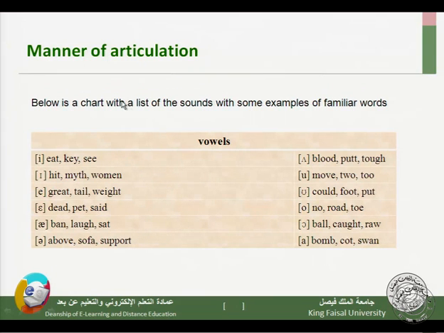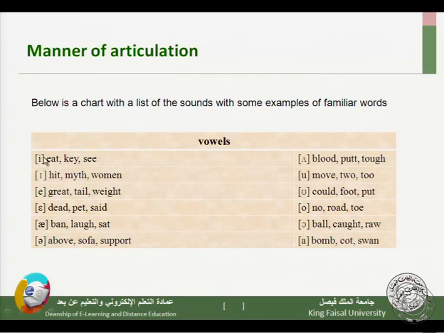The manner of articulation. Below is a chart with a list of sounds with some examples of familiar words. So how do you pronounce E? These words: eat, key, see.